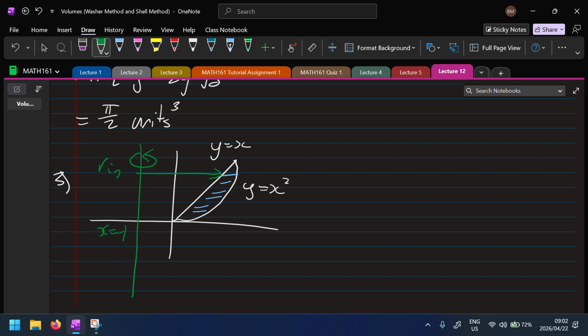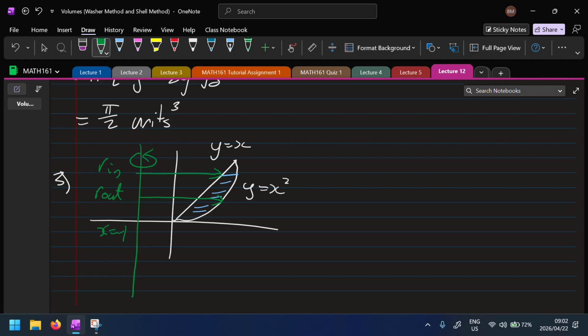That's the outside radius. That's r out. And notice that the radius will now be shifted by 1. Previously it was from the y-axis. Now we shifted it by 1, so we need to include that in our calculation.